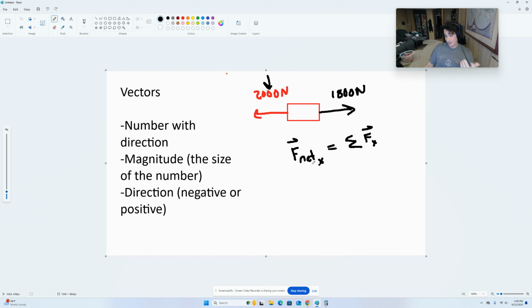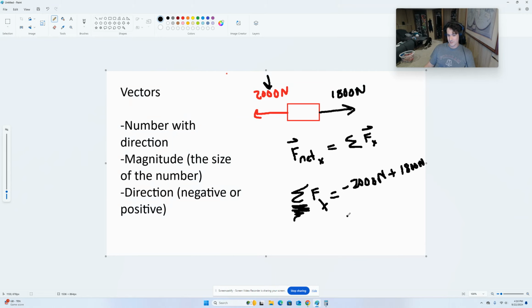So calculating this, I'm going to say the sum of the forces in the x, well, that's equal to what? Negative 2,000 newtons plus, remember this is a sum, which means you're adding, so plus 1,800 newtons. And hopefully you can do this without needing a calculator, but if you need one, go right ahead.